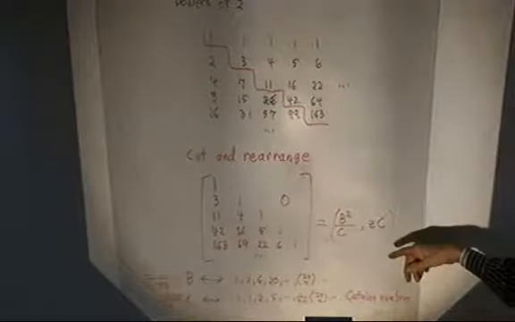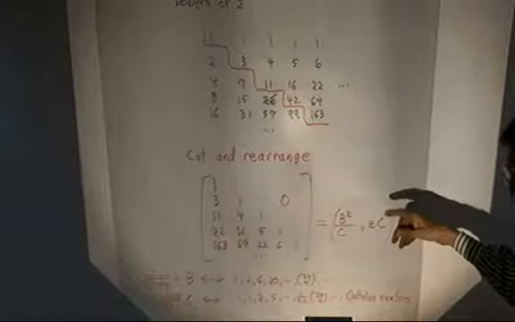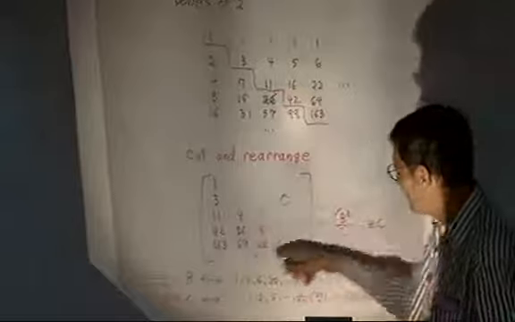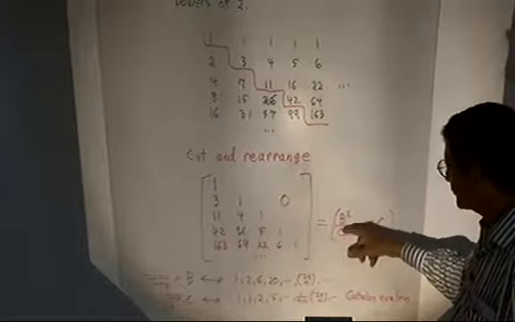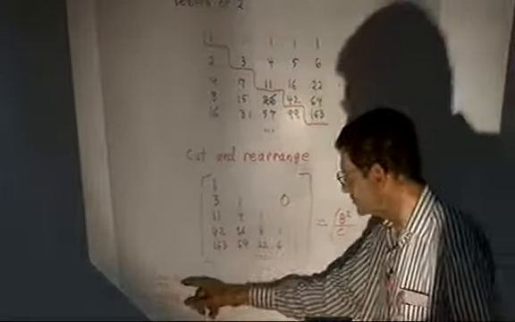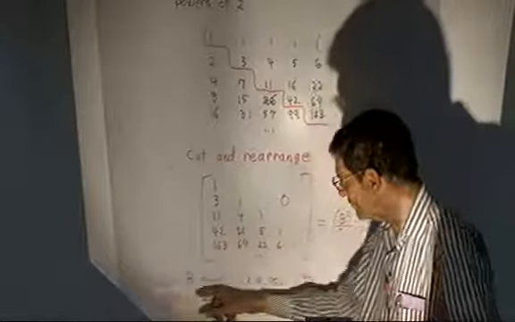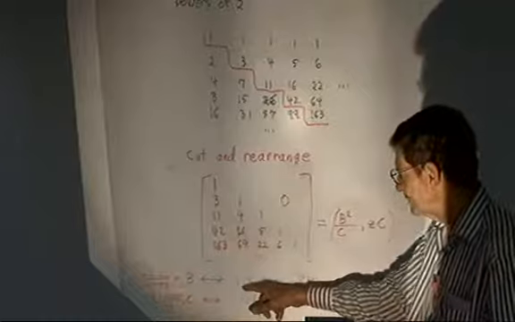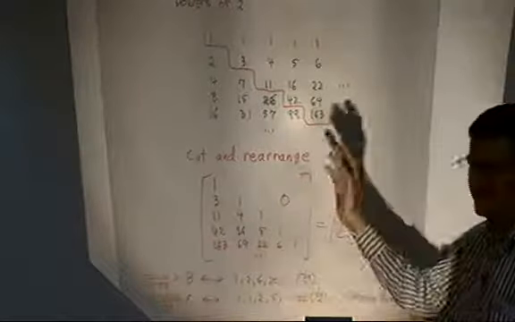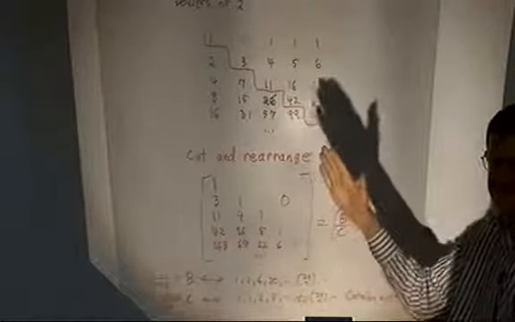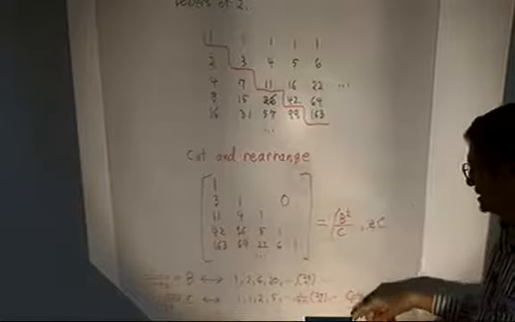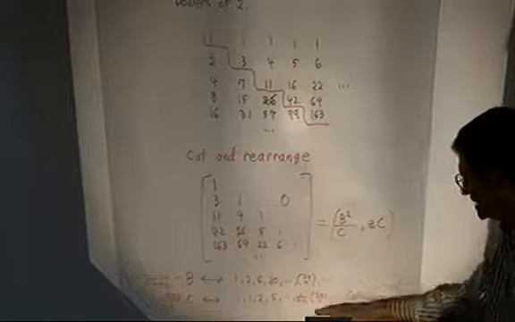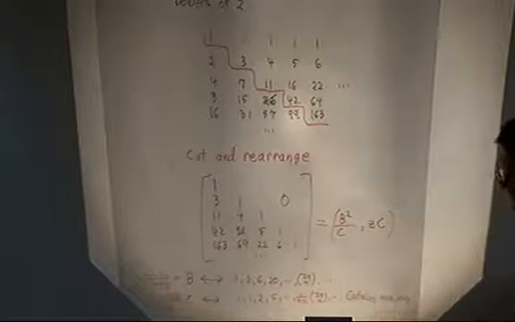And it turns out that the generating function for the 0th column is b squared over c, where b is 1 over the square root of 1 minus 4z. b is the central binomial, the center of Pascal's triangle if you write the high school version, 2n choose n. And here are the Catalan numbers once again.